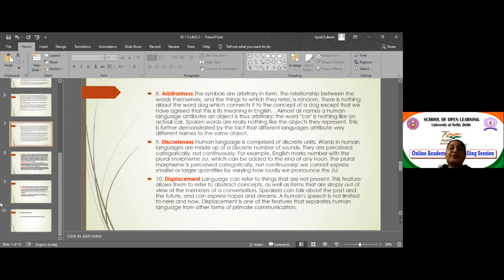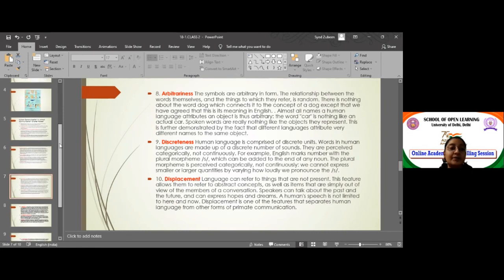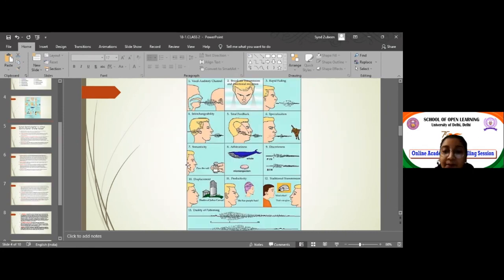Then discreteness. Let's have a look at the diagram first for arbitrariness. In arbitrariness, you have been given two examples, a whale and a microorganism. Now, a whale is a whale. That does not mean whale can mean any kind of fish or a dolphin, because they already have words for them.